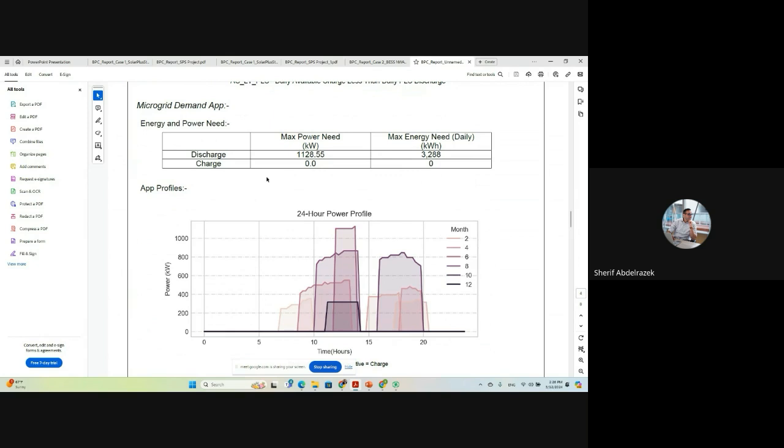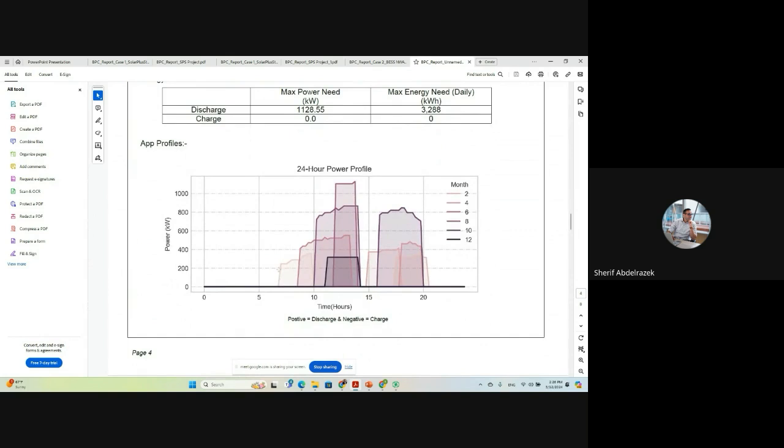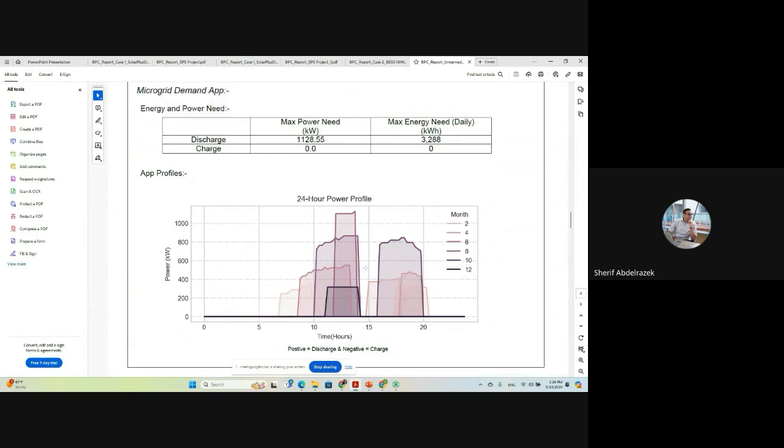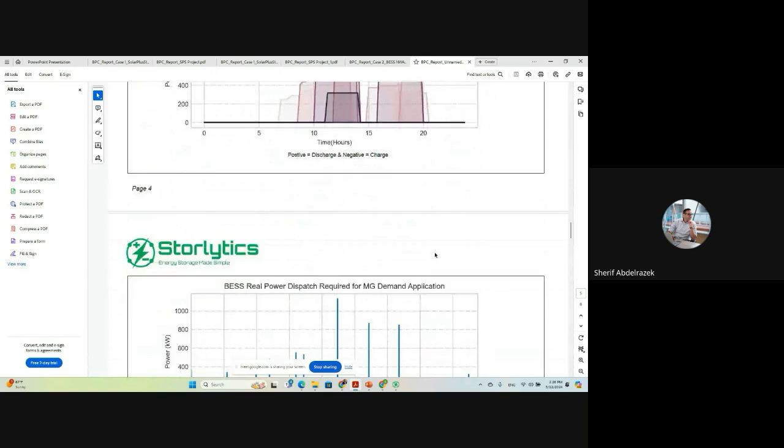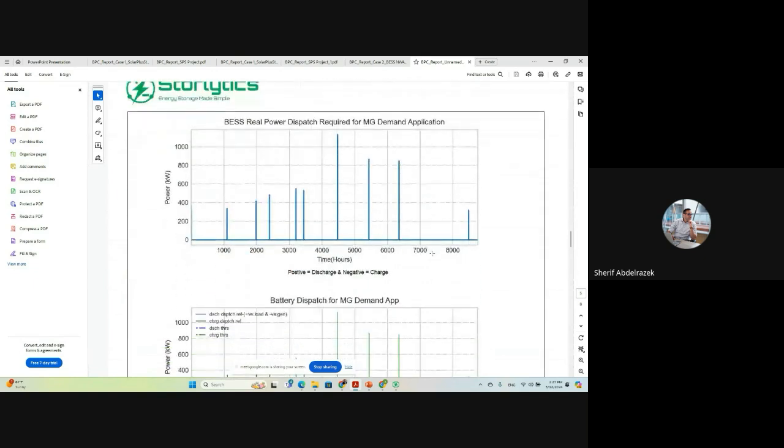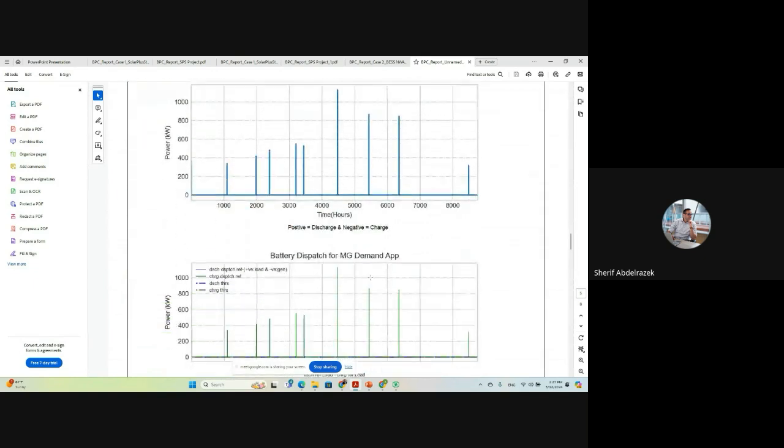So this is the reliability improvement case. So we're seeing here over a 24-hour period when we needed to discharge to provide backup power to that load concentration. So maximum was 1.1 megawatts and 3.3 megawatt hours we needed, right? And the events were scattered all over the year.